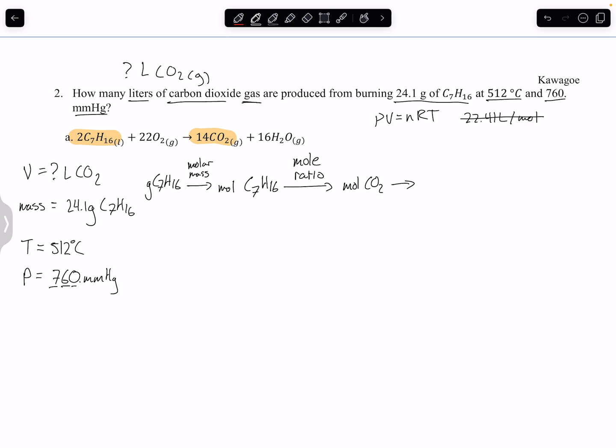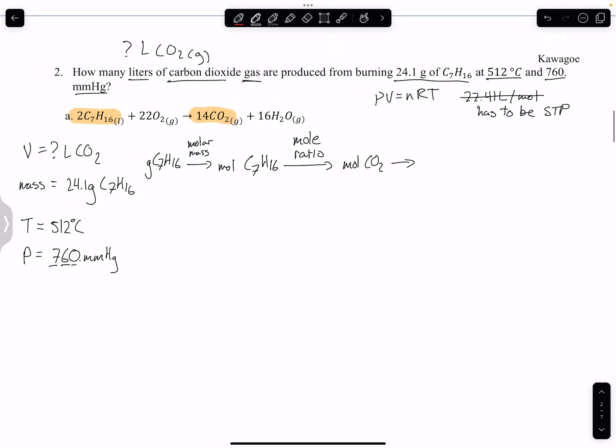Now, 22.41 liters per mole, can't use that. That has to be STP, or again, the 273.15 Kelvin and 1 atmosphere of pressure. We're not at those conditions, so we're going to have to use PV equals nRT.